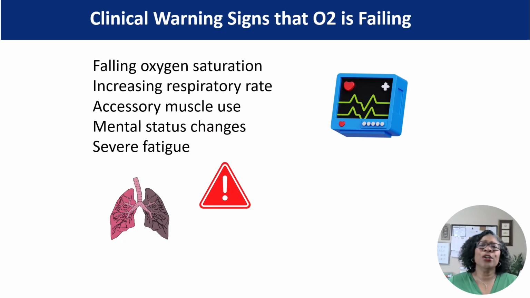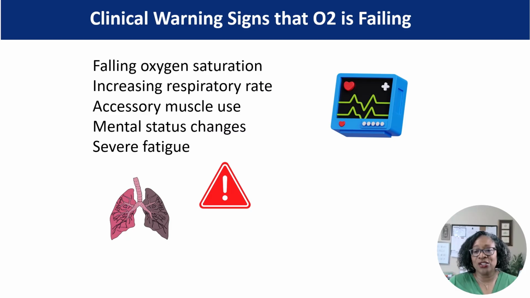Now, how are you going to know that a patient's oxygen therapy is failing? Another thing on the NCLEX is recognizing when oxygenation is not enough. The warning signs you'll look for if the oxygen therapy is failing your patient, if it's just not working, are a falling oxygen saturation despite oxygen therapy, increased respiratory rate, use of accessory muscles, altered mental status, and severe fatigue.